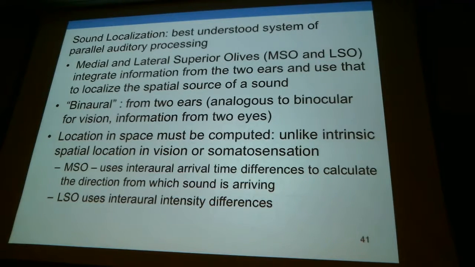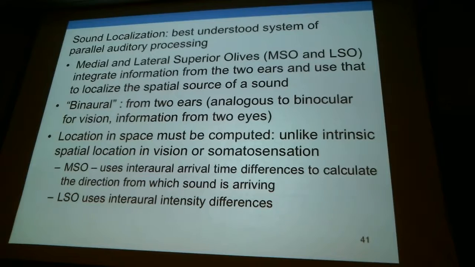Okay, and we'll get on to exactly which cues we're talking about. But the idea is that they get information from the left and the right side. This is known as binaural information, two ears. Anything that has aural is auditory. So binaural, analogous to binocular for vision.